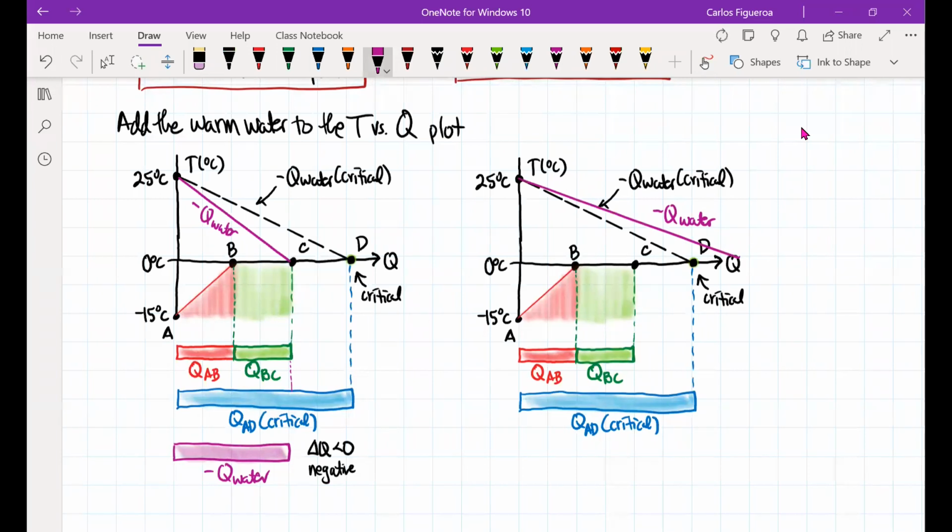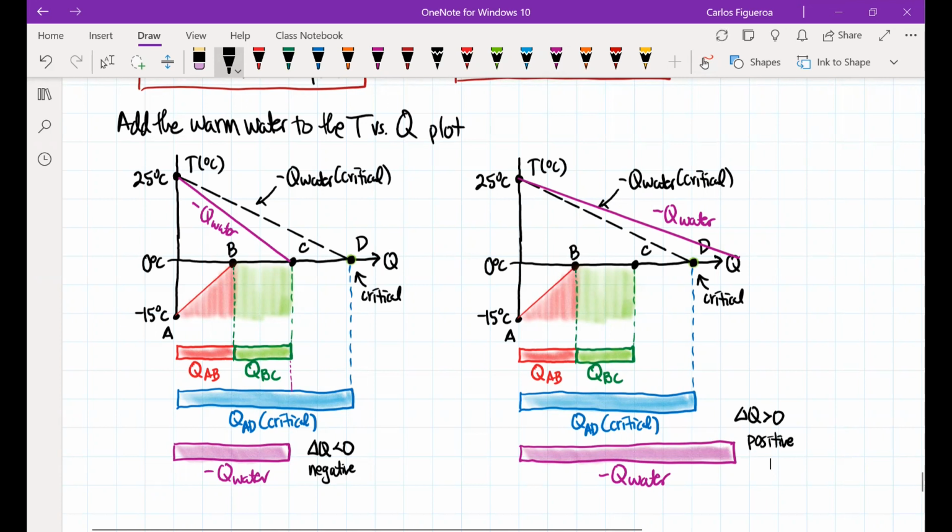If you look at this guy here, you could see that it is going to come all the way out to here. And you could see that minus Q of water this time is larger than AD. So here we get that delta Q is positive, and because it's positive, that means it melts all the water, and then it will start to heat it up.